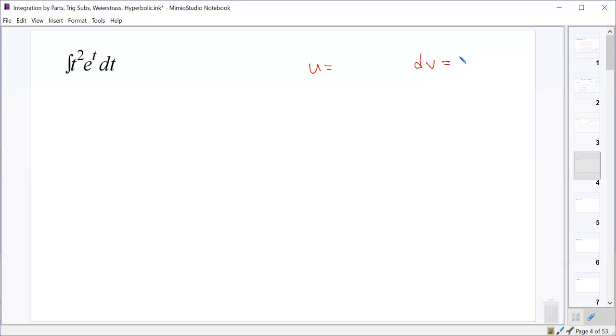I'm going to add another little piece to this: if we're going to make dv e to the t, and you can differentiate the other thing so that it goes down to become 0, about 99.9% of the time you will want that thing to be your u. So if you have a polynomial as one of the two functions, generally make that polynomial your u.